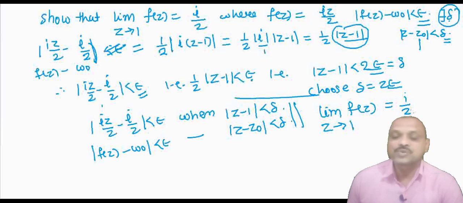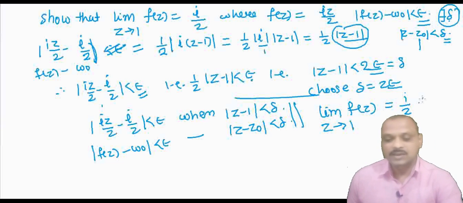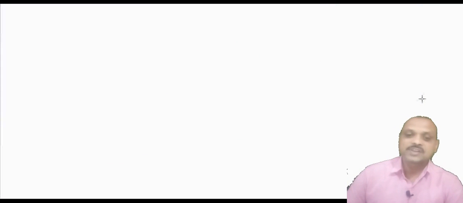So we have shown that the limit of f(z) is equal to i/2. Now we will prove that this limit is a unique number. The function does not have more than one limit.